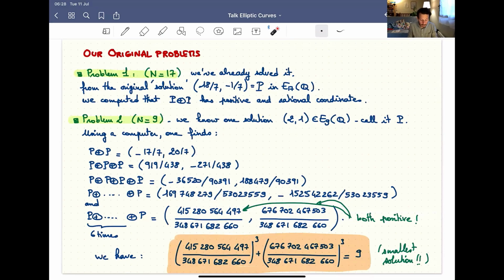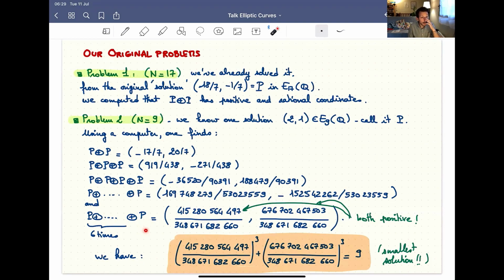And that's easy: I give you the 2 fractions here, and then using a calculator, you compute their cubes and you sum them, and it's easy to check that this is indeed a solution, that the cubes sum to 9. If I give you the solution, you can check it's an actual solution. But finding this solution is very hard, unless you know this trick with adding points.